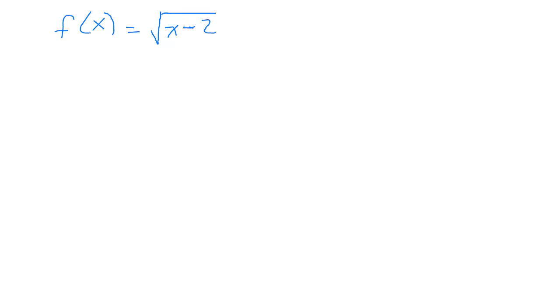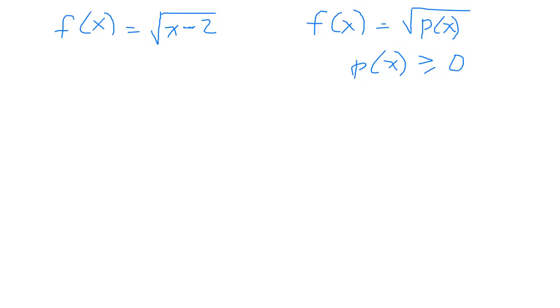So first of all, let's find the domain. Remember, the rule for the domain is that if you have this p of x, then p of x should be greater than or equal to what? 0. So here my p of x is what? X minus 2, greater than or equal to 0.